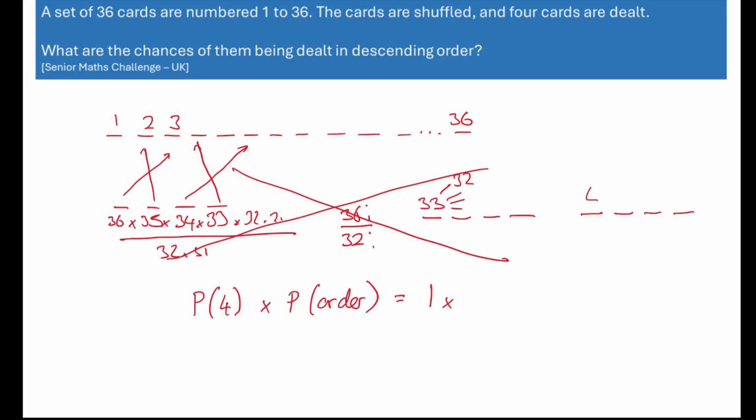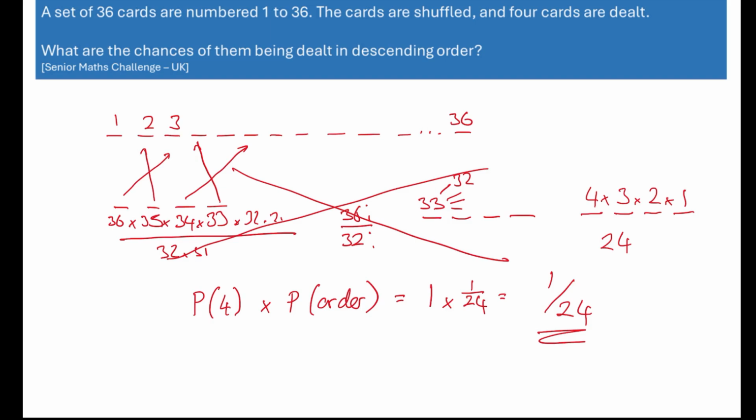Well, there's 4 ways of picking the first one, 3 ways of picking the second one, 2 ways of picking the third one, and there's only 1 left over, which is 1 out of 1. So that's going to give me 24 ways of arranging 4 cards. And how many of those ways have those cards in exact numerical order? Well, it's going to be 1, so therefore it's 1 times 1 over 24, or 1 over 24.